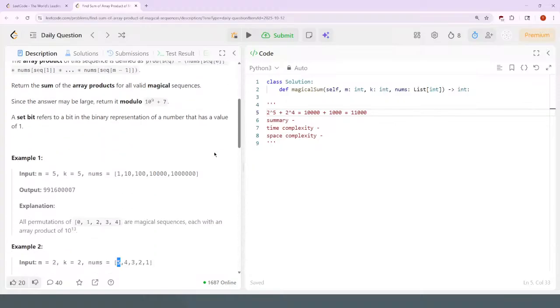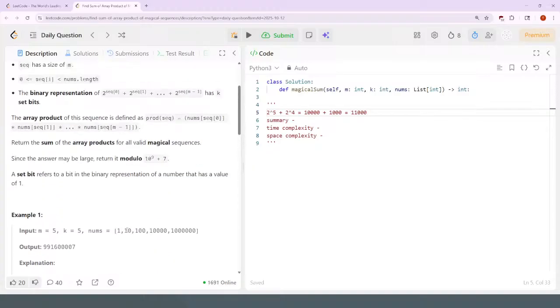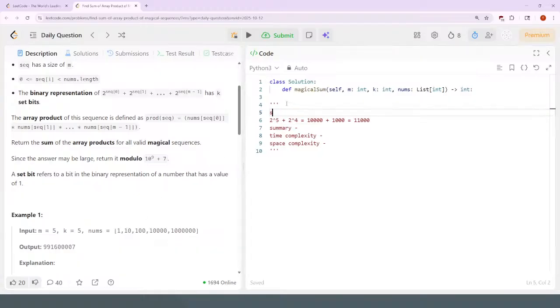Nums at sequence of 0 is 5, and nums at sequence of 1 is 4. So the sequence is like 0, 1. And then nums at those sequence values is like 5 and 4.